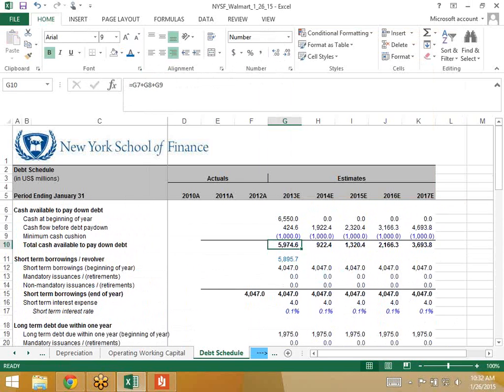Remember, this is cash before the debt paid down. Right? So the impact of paying down the $5 billion debt won't be in this number. This is cash before debt paid down. But then what's making it go up?